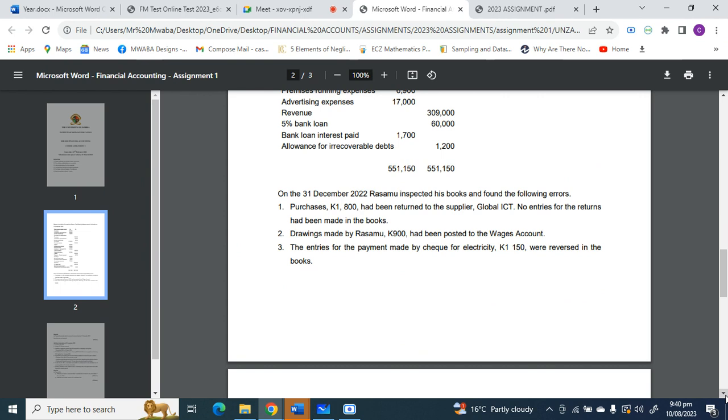Drawings made by Rasamu, 900, had been posted to the wages account. Colleagues, what are drawings? Money removed from the bank for personal use.